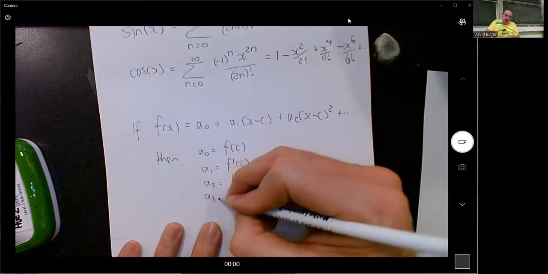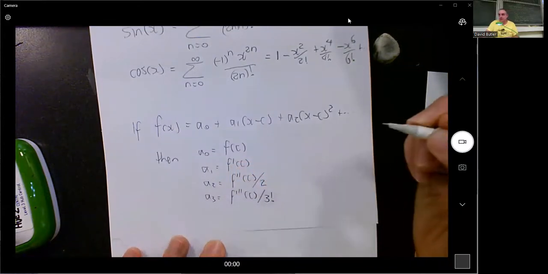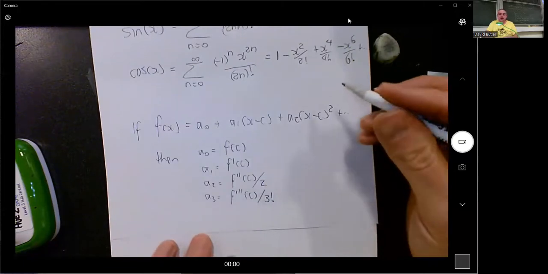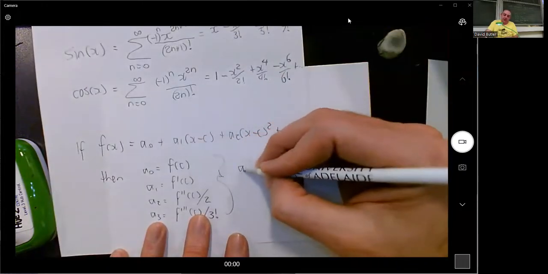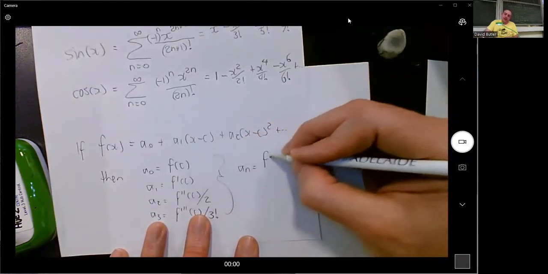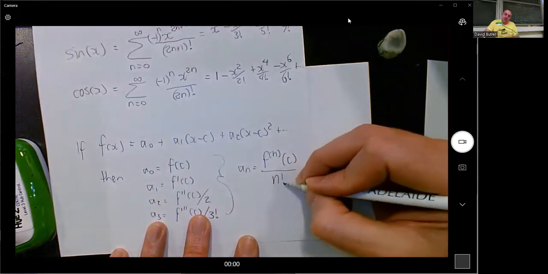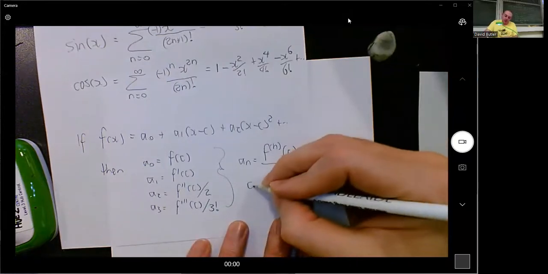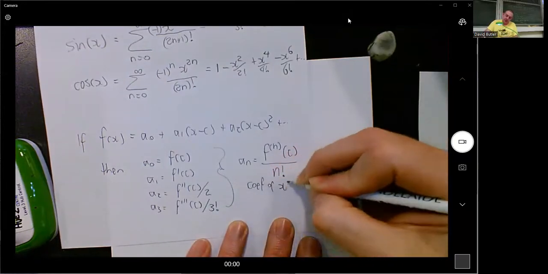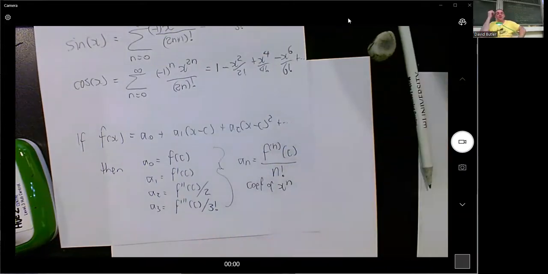And a3 will be f triple dashed of c divided by 3 factorial. And so what we end up with is this formula, which says that an will be f nth derivative of c divided by n factorial. So the coefficient of x minus c to the n is this when you do a Taylor series.